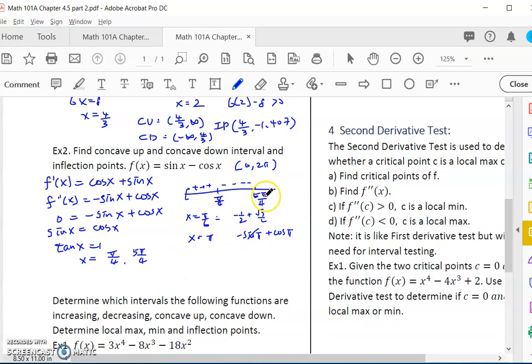What about a number greater than 5 pi over 4? 5 pi over 4 is in the third quadrant, so we can pick 3 pi over 2, just easier. Negative sine 3 pi over 2 minus cosine 3 pi over 2.